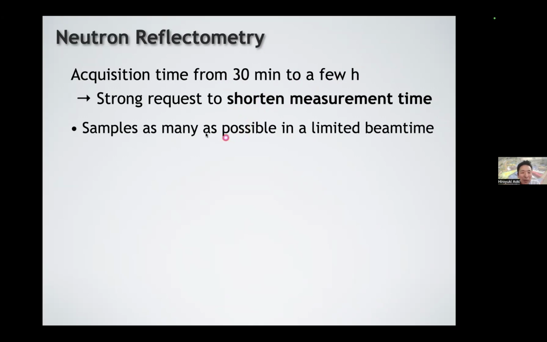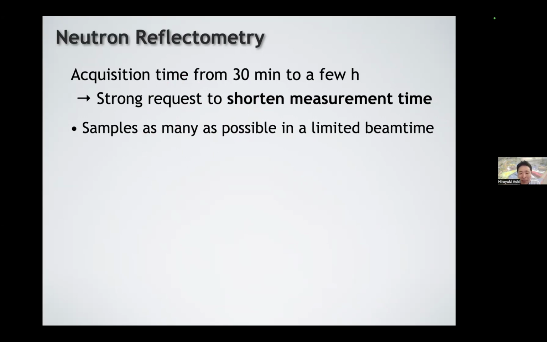If it's possible, we can considerably reduce the beam time. As a result, we can accept more users from the community. So this is the largest motivation for this work.